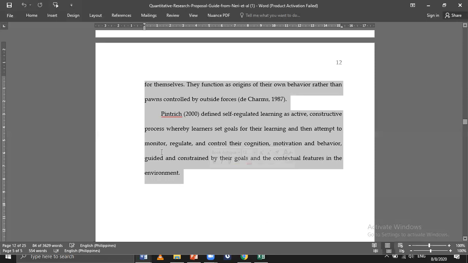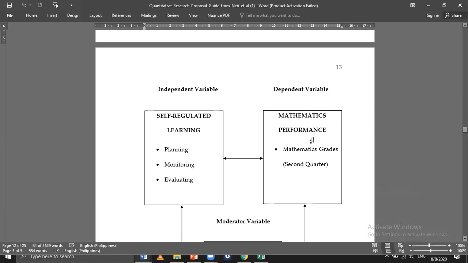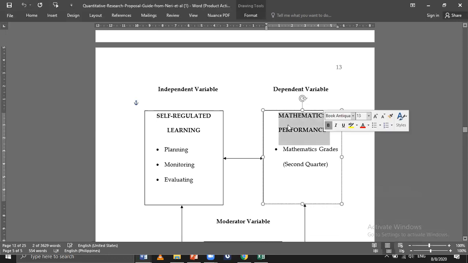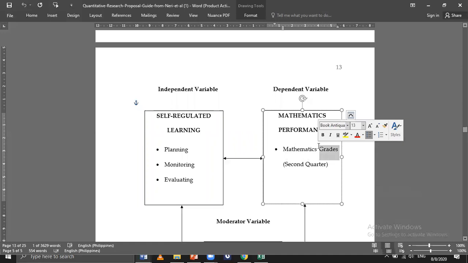Okay, so let's go back. Here, in the dependent variable, you have the mathematics performance. And how to measure your mathematics performance? Of course, no other than your mathematics grade. Because when you ask how do you measure mathematics performance, you don't have a way to measure it unless you specifically indicate that you can measure it by getting the mathematics grades, because this is the indicator of mathematics performance.